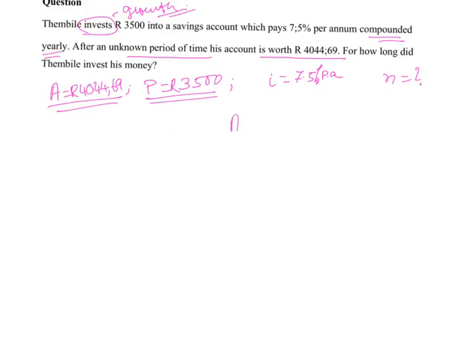Now this is compound interest growth, A equals P times (1 plus i) to the power of n. I have to find n, and that means I have to make n the subject of the formula.